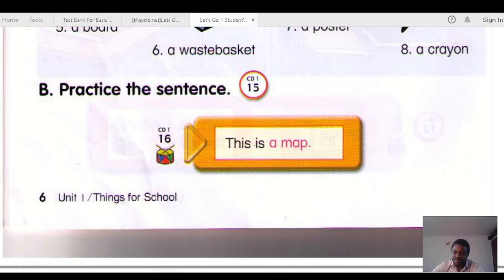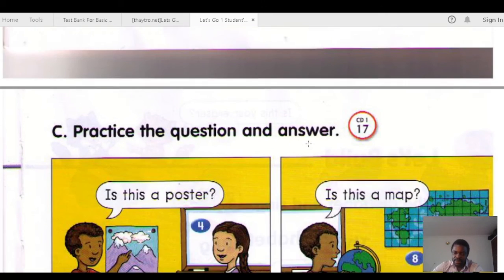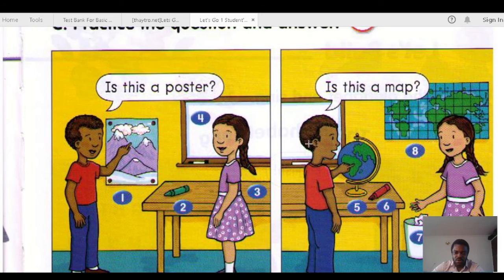So when we use this, our verb be or auxiliary verb is what? Is, because is a singular verb. But when we use these, meaning we have more than one, this one changes to what? Are. And the noun that comes after it must be in plural. Okay? We're going to see some examples when we go further.